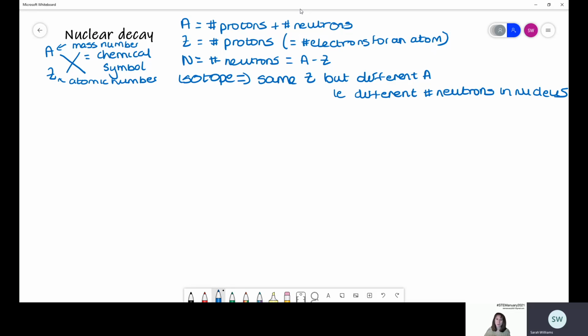more stable nucleus. A typical process for this will involve, let's have some X with A1, Z1, and I'll call this my unstable nucleus.